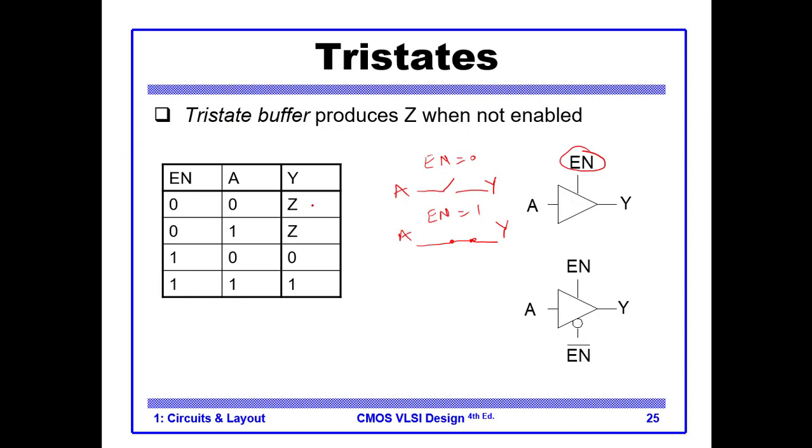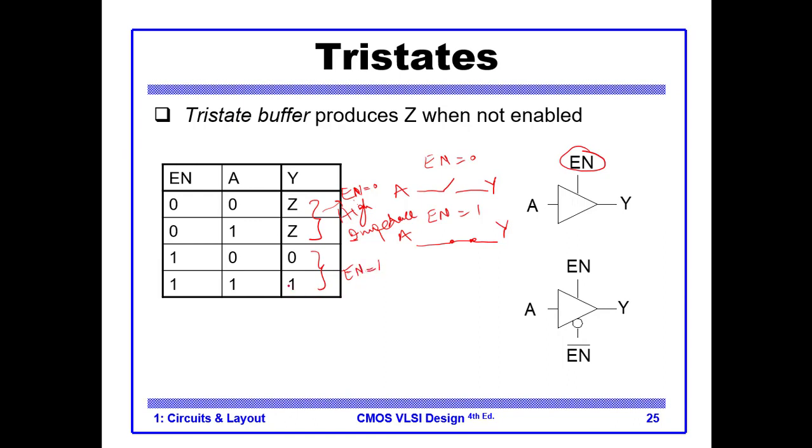When they are not connected, we call it Z or high impedance. This is for enable 0, these two entries, and these two entries for enable 1.